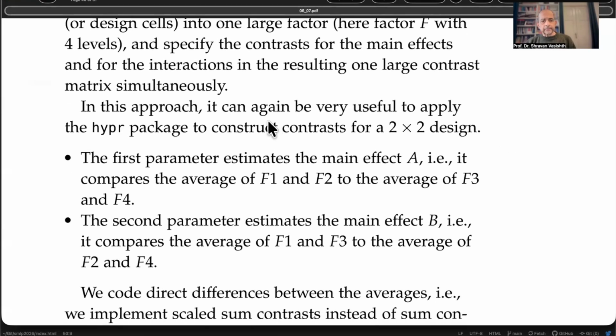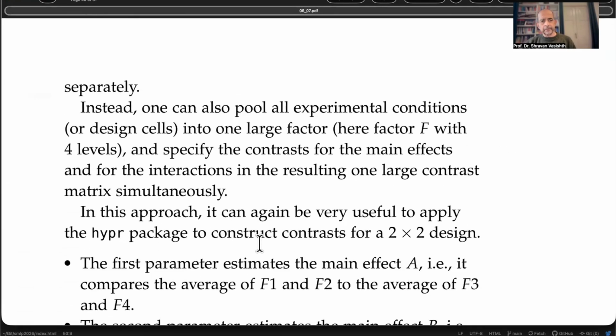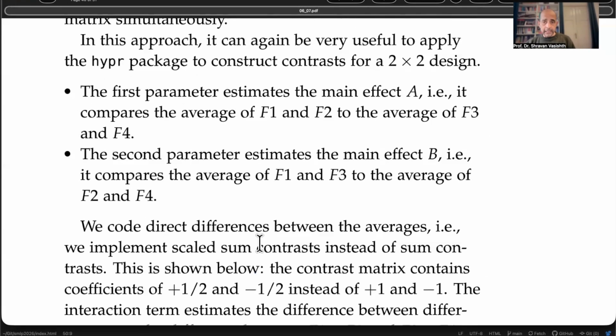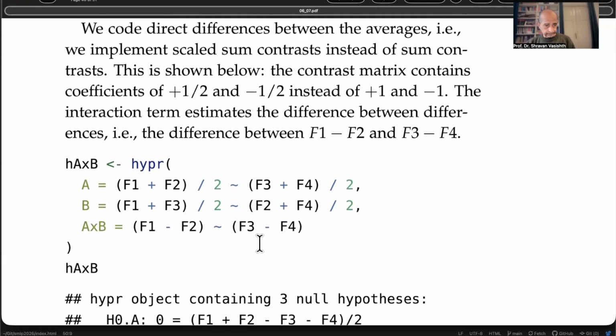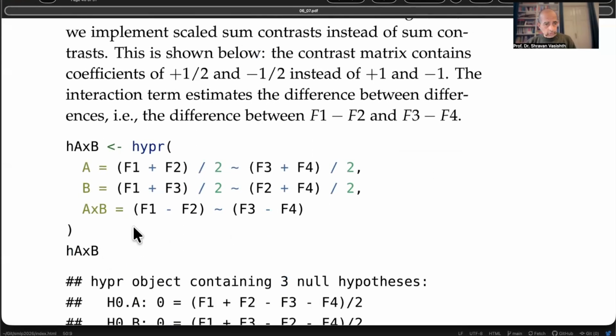So let's try setting up the comparisons using the hypr package now, right? In the hypr package, we first create an object called HA times B, which looks at the main effects and interactions.